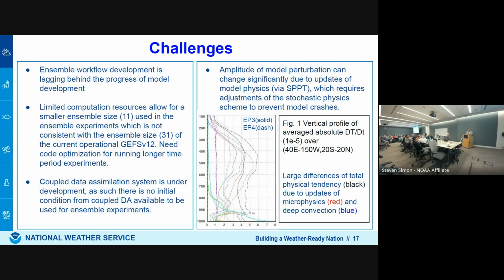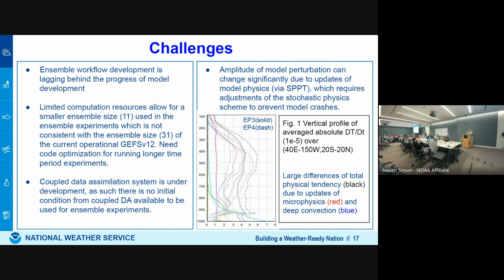Another one is that the coupled DA system is still under development. There are no initial conditions from coupled DA available to be used for ensemble experiments, but in the future, operational GEFS is going to use coupled DA, so we have different initial conditions between the experiments and the future operational GEFS.